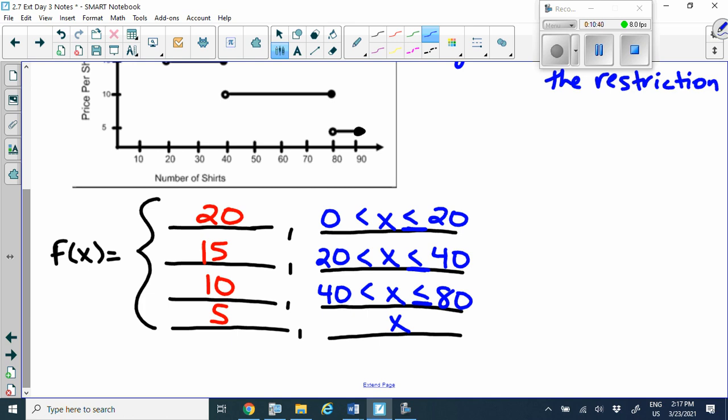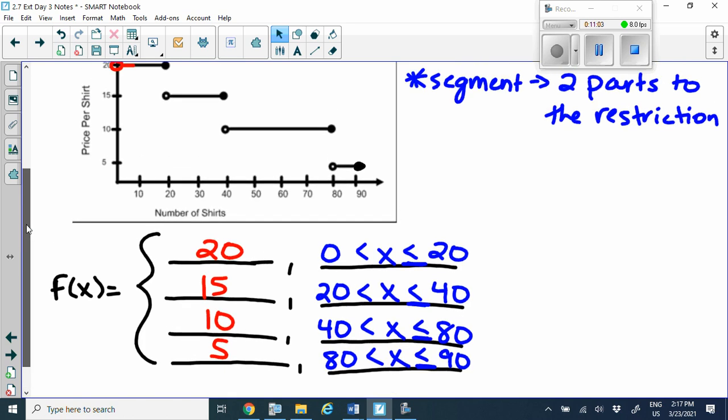Okay, last one. For our last segment, we got an open circle at 80 and a closed circle at 90. So don't forget we use the less than symbol. At 80, it's an open circle, so no equal bar. At 90, it is a closed circle, so there is an equal bar. Okay? So this would be our piecewise function for this step function.